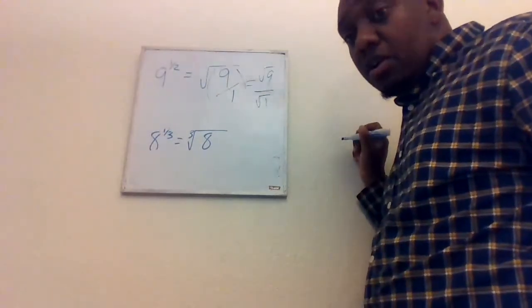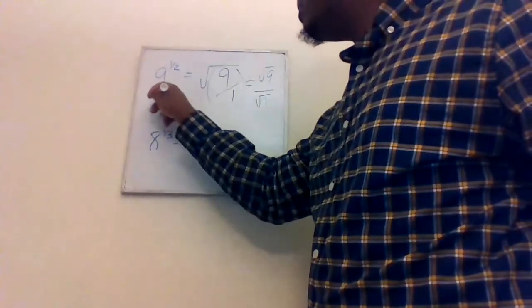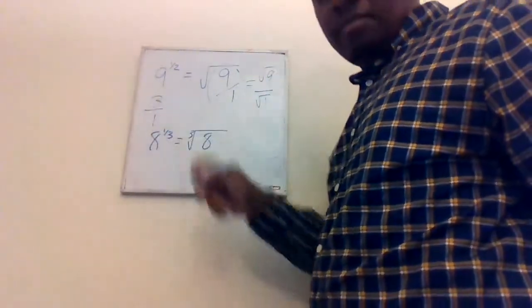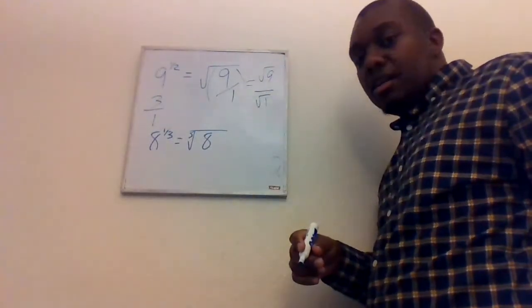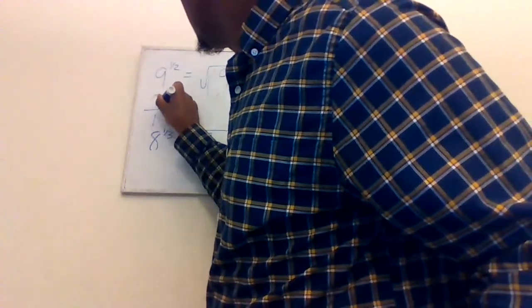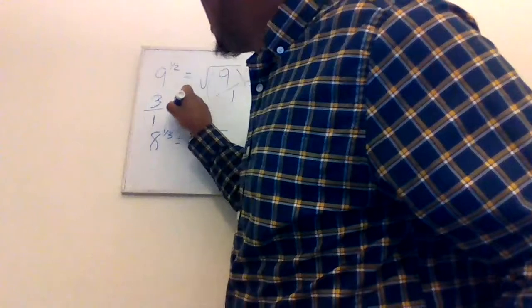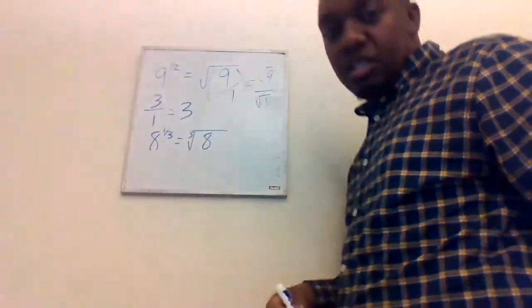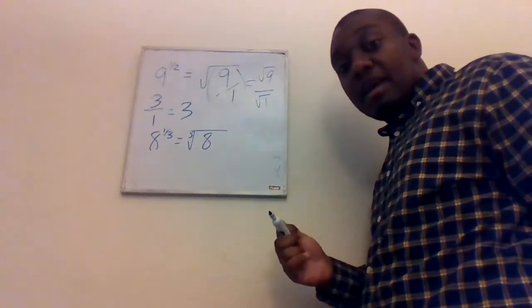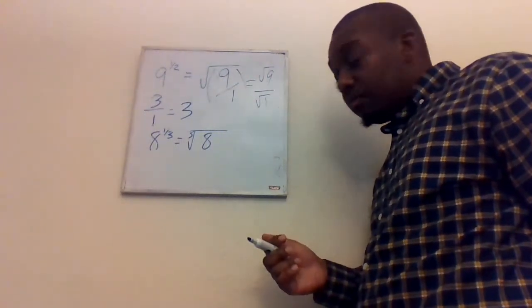What was the square root of 9? 3. What's the square root of 1? 1. Okay, good. So we have 3 divided by 1, which is just 3. And we're all done. That's exactly what we expect the square root of 9 to be, right?